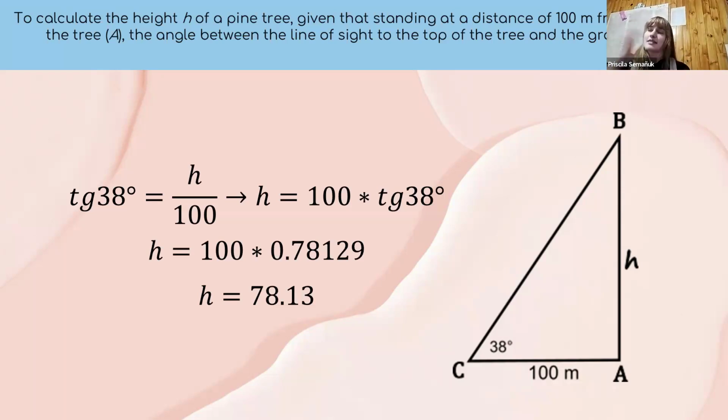We've been working with this type of mathematical formulas for a long time now, so I bet you know how to solve this. So h is 100 multiplied by the tangent of 38 degrees. We're not working with radians, we're working with degrees. We solve and we know that the tree is 78.13 meters. It's really, really tall. But that's a way that we can work with these numbers.